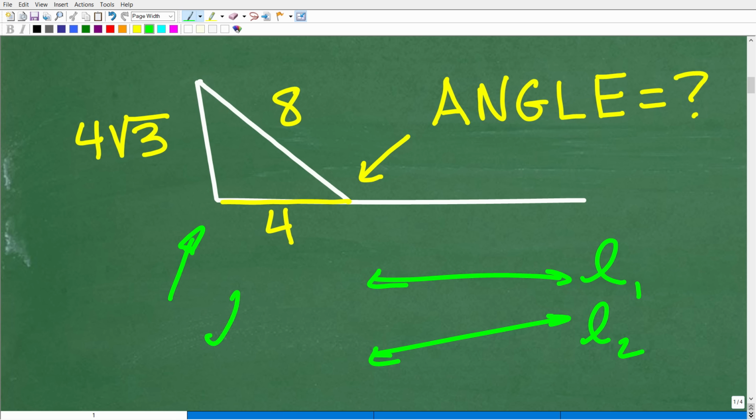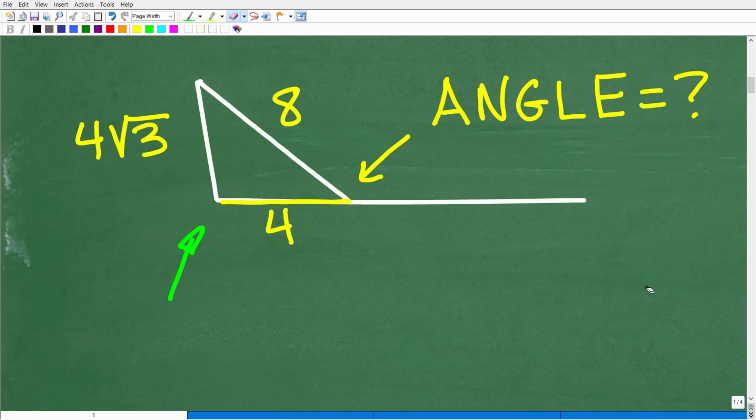So if I say line 1 is parallel to line 2, well, if you look at these lines, they don't look parallel, but if I state that they're parallel, we have to apply all the properties that we have when it comes to parallel lines. And oftentimes, students will look at figures and say, well, the figure doesn't look like what I think it's supposed to look like. So you got to be super careful.